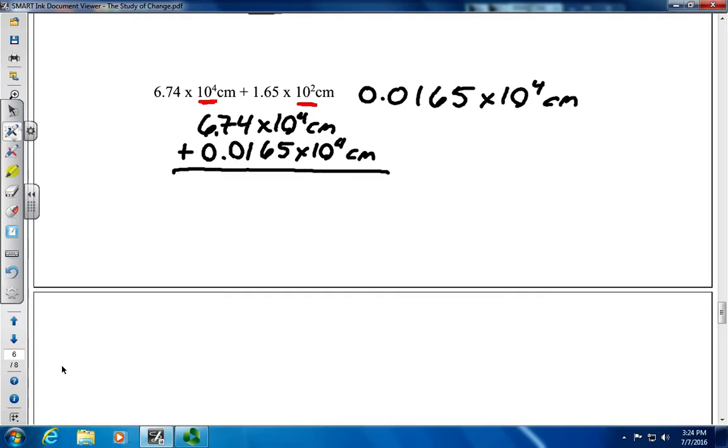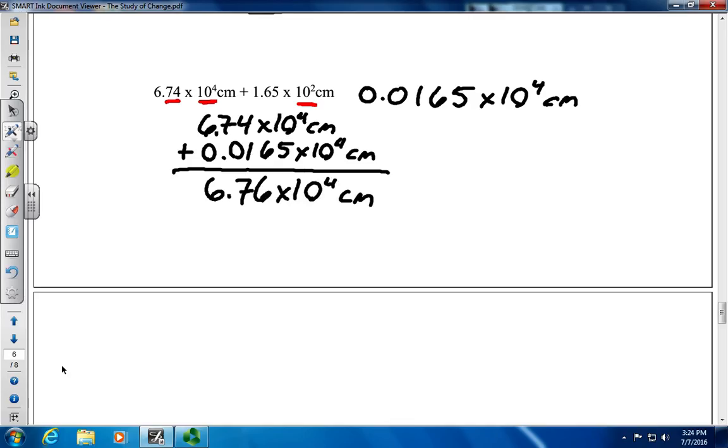And when you sum those two values, keep in mind that we only have two significant figures following the decimal place. So we're going to keep to that after we've done our adjustments for scientific notation. So the end result will only be 6.76 times 10 to the 4th.